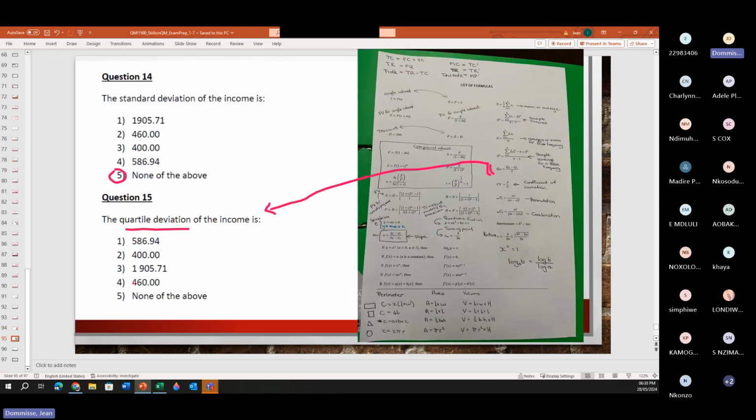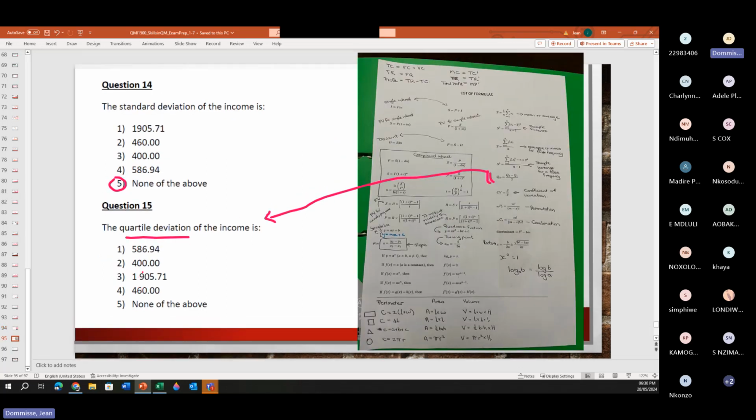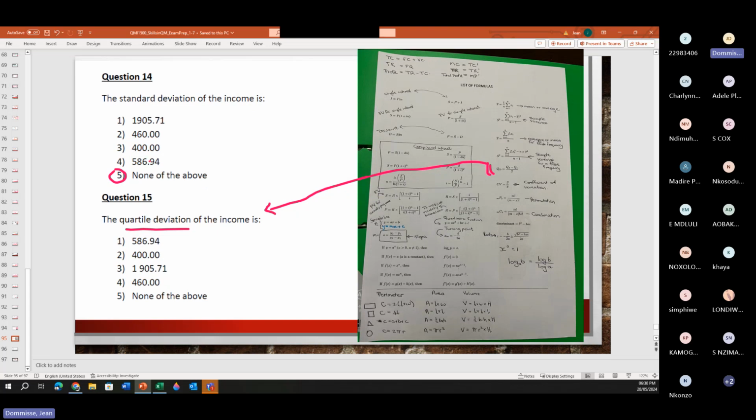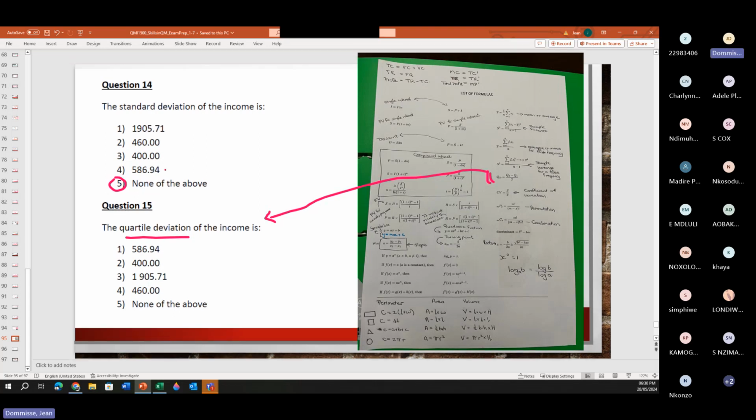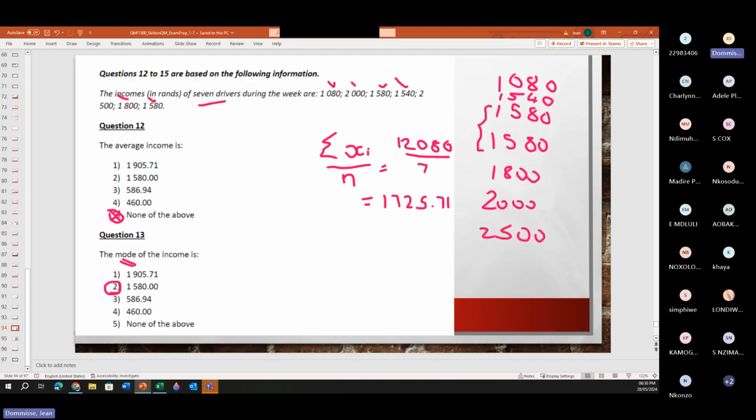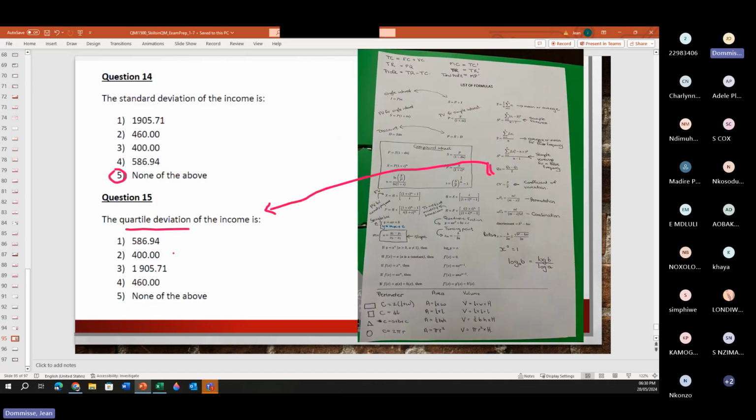So they've basically just copy and pasted the four answers. It just can't be. So somewhere they made a mistake in this exam when they changed some of the numbers.